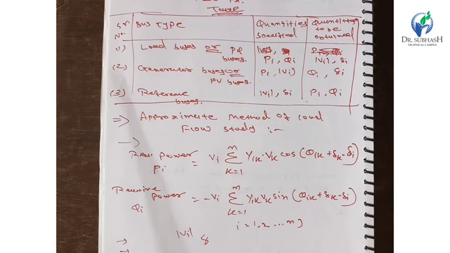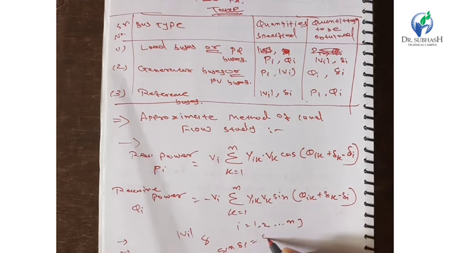The next point is that the angle delta is small, so sine of delta i is approximately delta i.